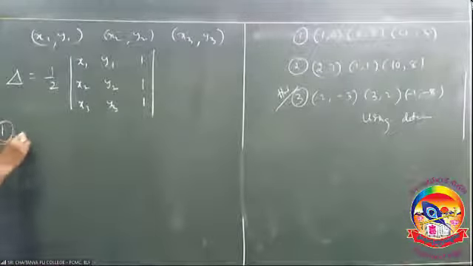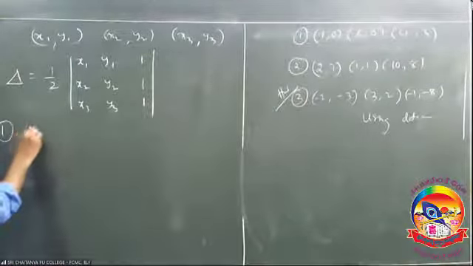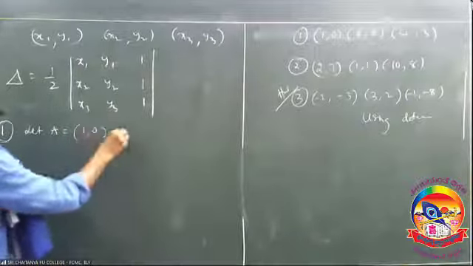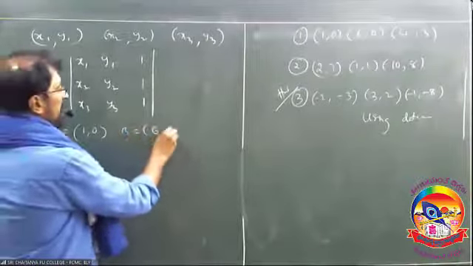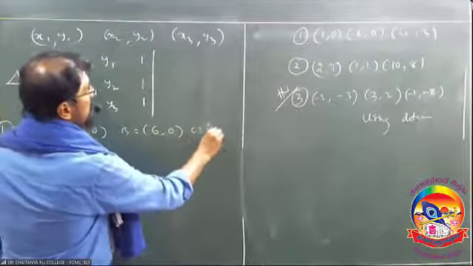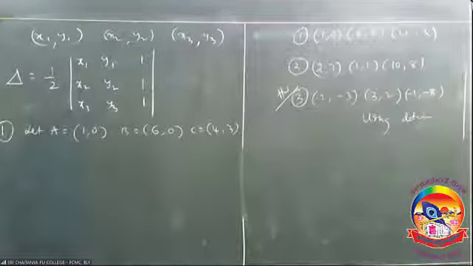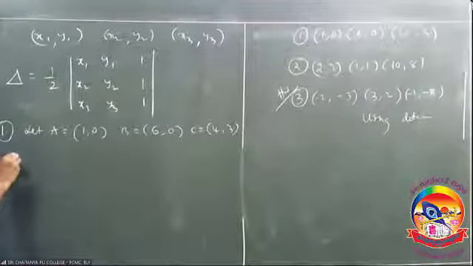First problem I am writing. Let capital A be equal to (1, 0), B is equal to (6, 0), C is equal to (4, 3). You should consider them as A, B, C. Am I right?